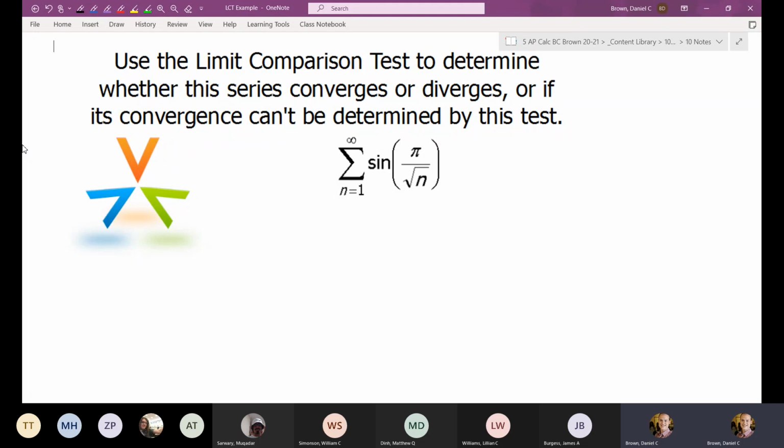What's tricky about this one, I think, is you have to always, when you're doing these tests, figure out a simpler series that is related to the one that you see. Any guesses of what the simpler series related to that one is going to be? Pi over root n. It is exactly pi over root n, which a lot of people feel weird about.